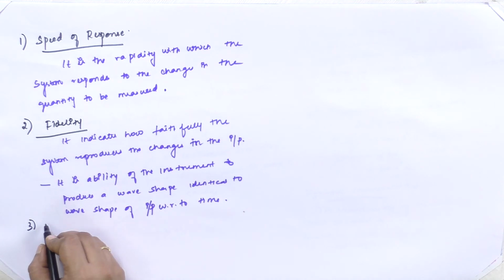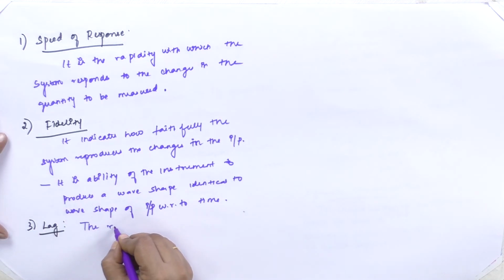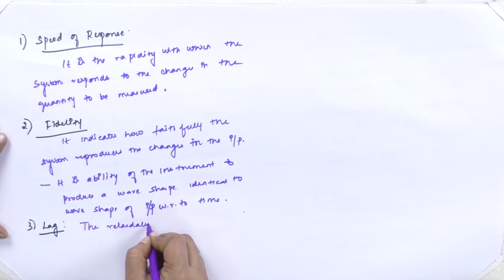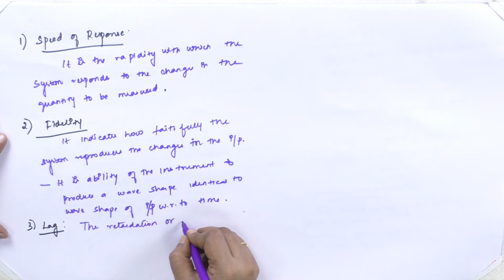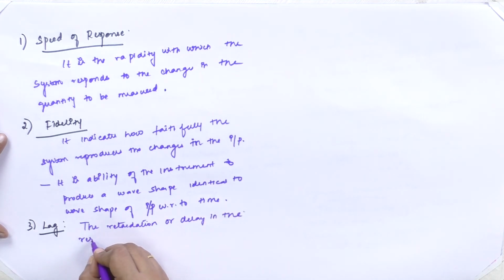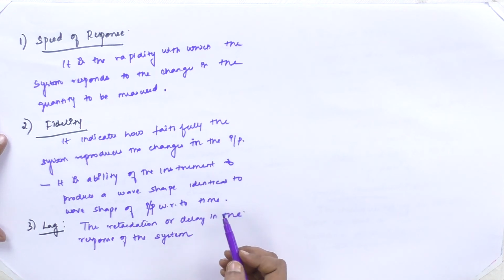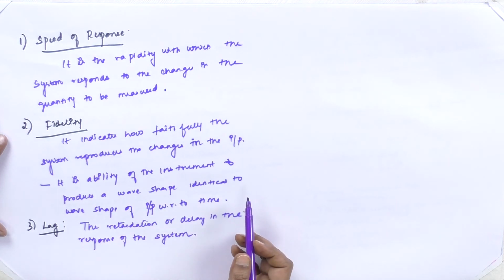The third dynamic characteristic is lag. It is the retardation or delay in the response of the system to the change in input, called lag or measuring lag.